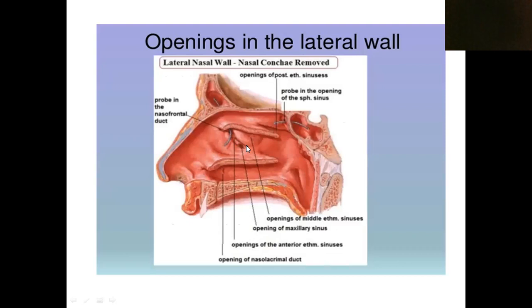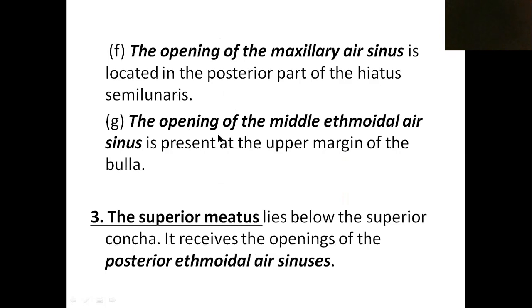So in the hiatus semilunaris three openings are there: frontal, then the anterior ethmoidal behind that, then the maxillary behind that. Then on the ethmoidal bulla we can see one more opening, the middle ethmoidal air sinus.